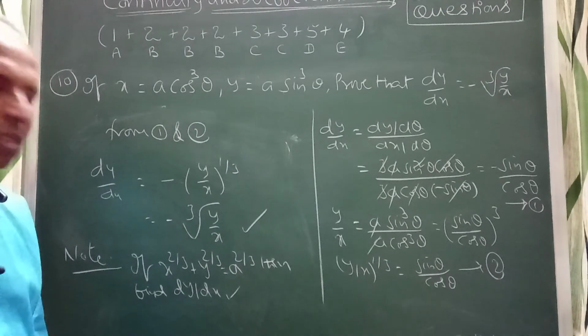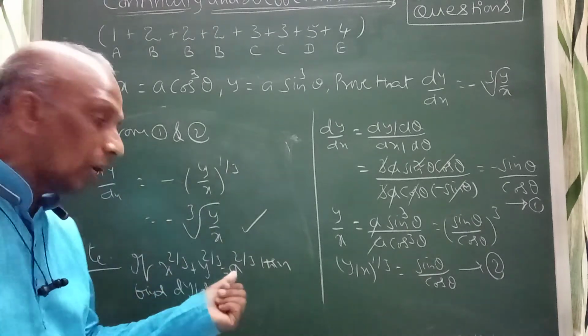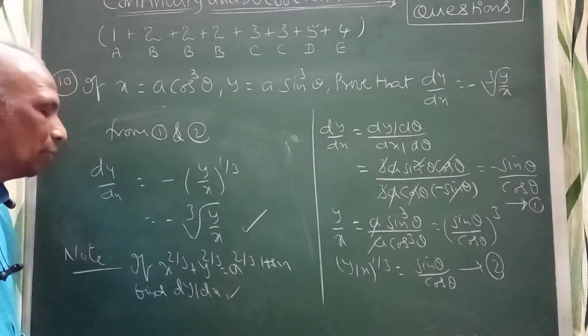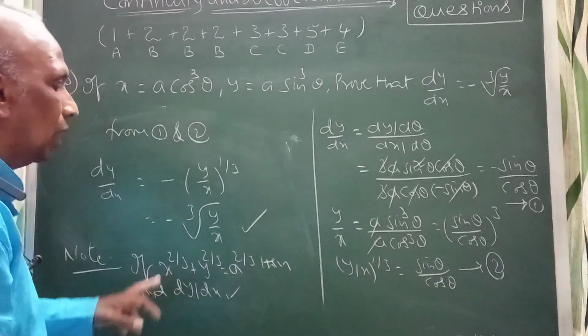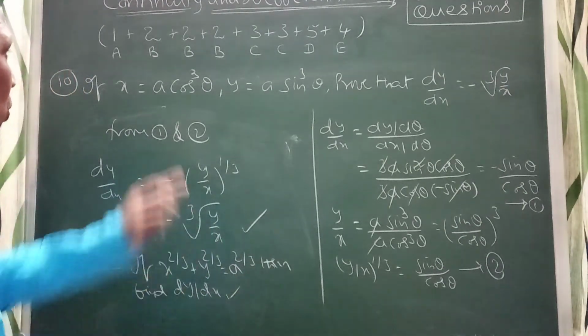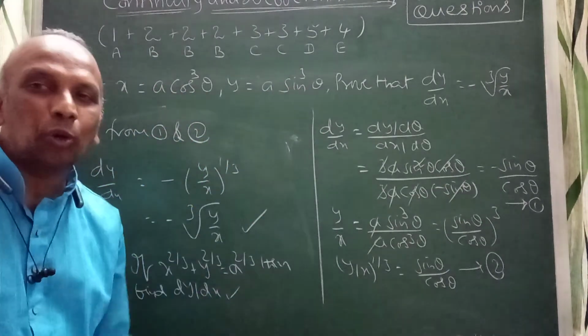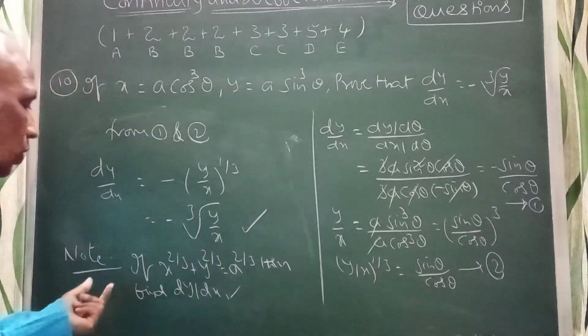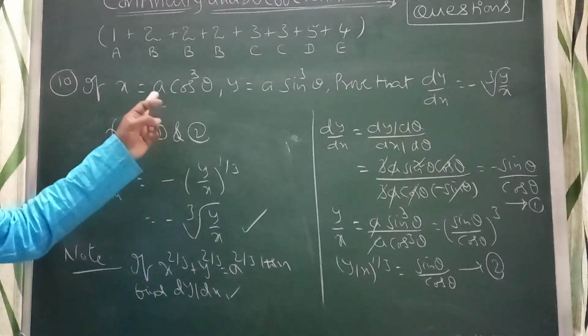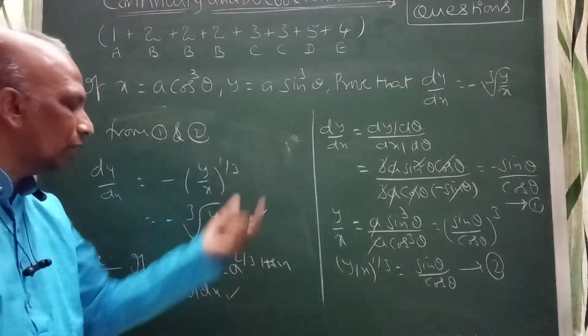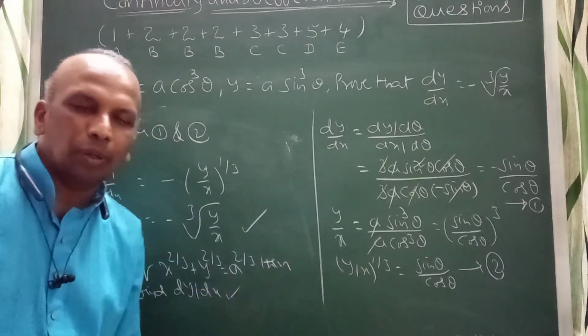If they give it like this, you should consider x equal to a cos cube theta, y equal to a sin cube theta. If you consider this, you can solve this problem.